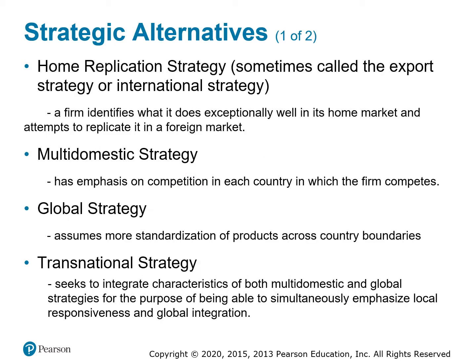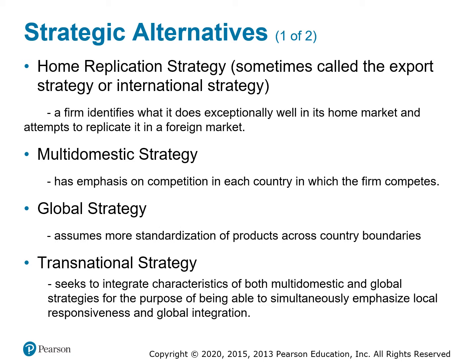There are some strategic alternatives that multinational enterprises adopt in the foreign marketplace, such as home replication strategy. The home replication strategy is sometimes called the export strategy or international strategy.